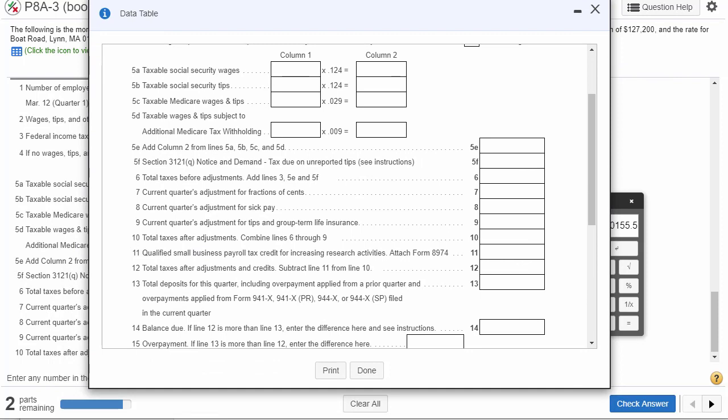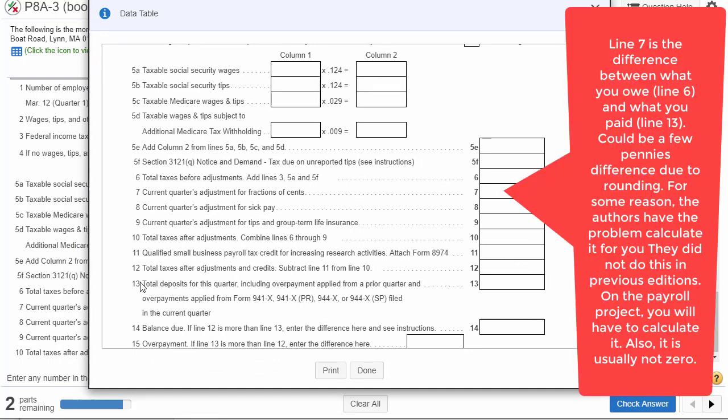We're going to compare that with what we actually paid, which is line 13, total deposits. Now, there could be a few cents difference just from rounding, because when we calculated our deposits for FICA FIT, we rounded once for each employee for each pay period.